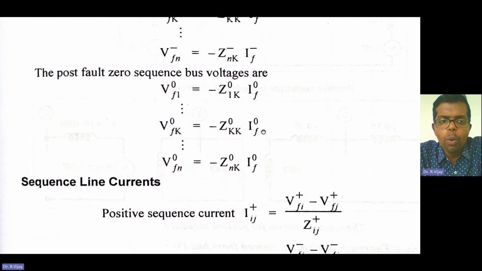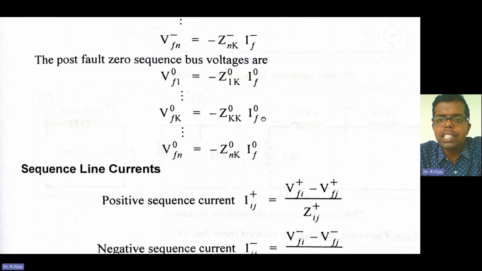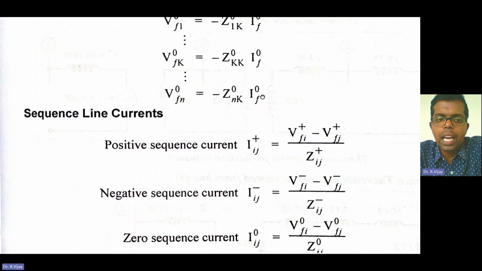Similarly, the post-fault zero sequence bus voltages are VF1 0 equal to minus Z1K 0 into IF 0, up to VFK 0 equal to minus ZKK 0 into IF 0, up to VFN 0 equal to minus ZNK 0 into IF 0.